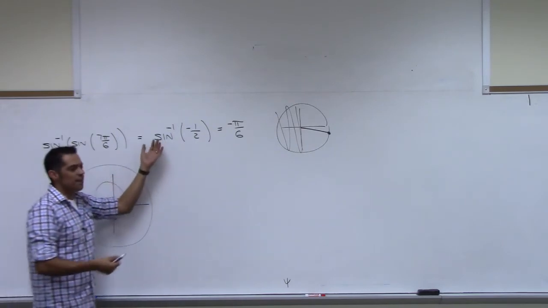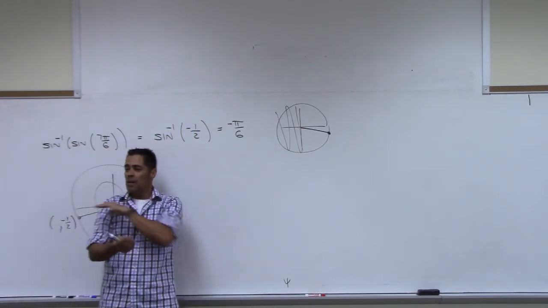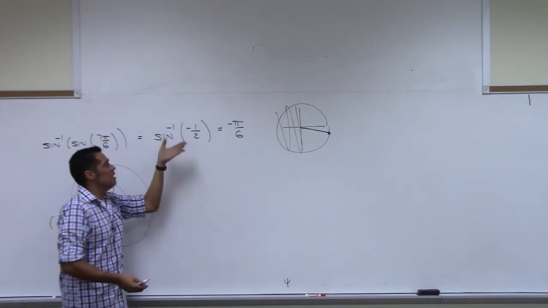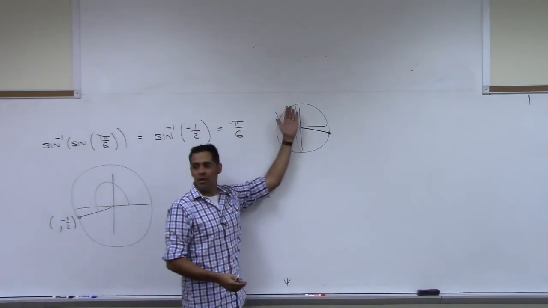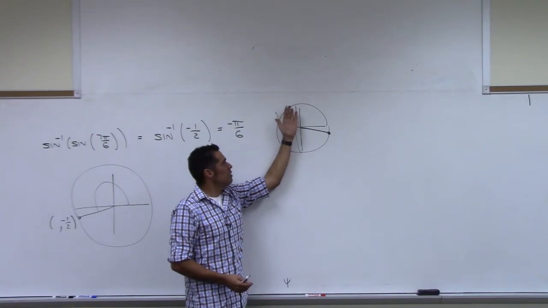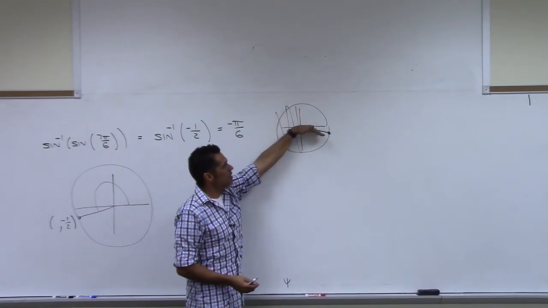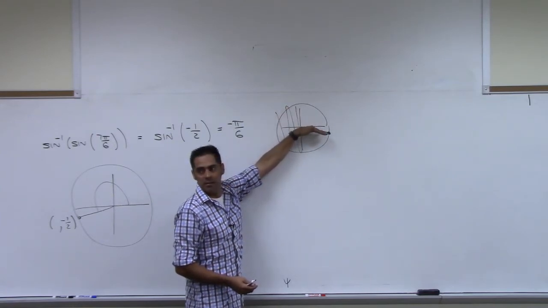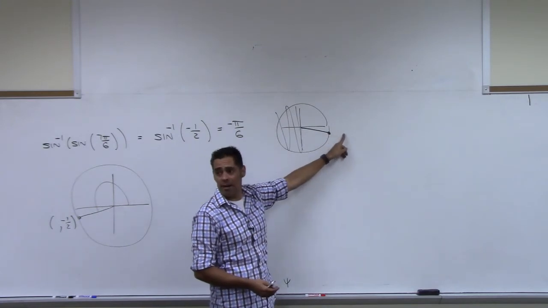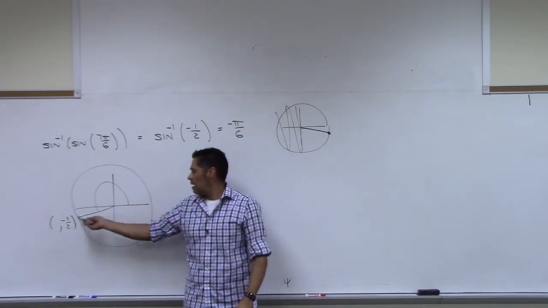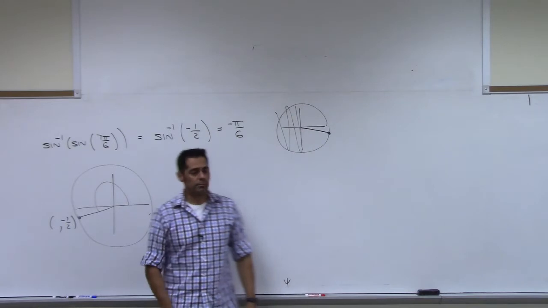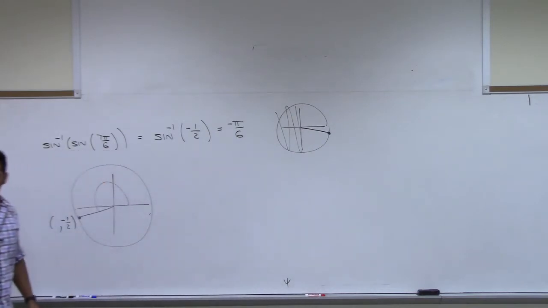You have to say, okay, forget all that happened, and just ask yourself this question. When you ask yourself that question, you're not allowed to look here. So you say, where is the y-coordinate negative 1/2? And this time it's right here. You see this has the same y-coordinate as that one? They're directly across from each other. Does that answer your question? Okay.